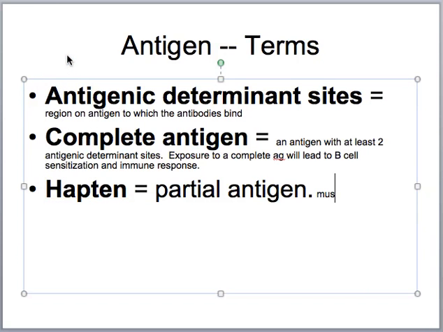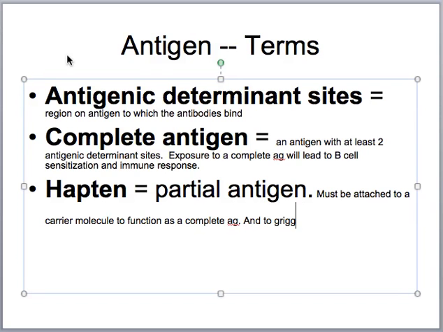It must be attached to a carrier molecule in order to function as a complete antigen and to trigger the immune response. Okay. So, what's an example?